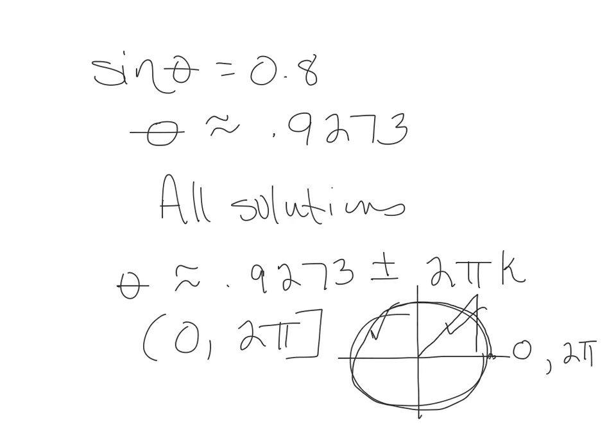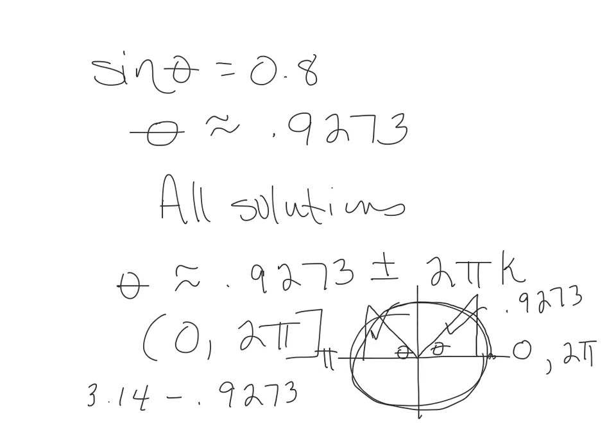So in this triangle, remember we have the reference angles, my theta is 0.9273. But it is also in this triangle. And this is pi right here. So my other angle, where sine would be 0.8, would be pi, which is 3.14, minus 0.9273.